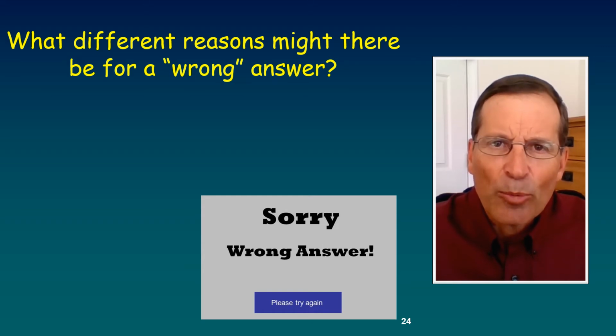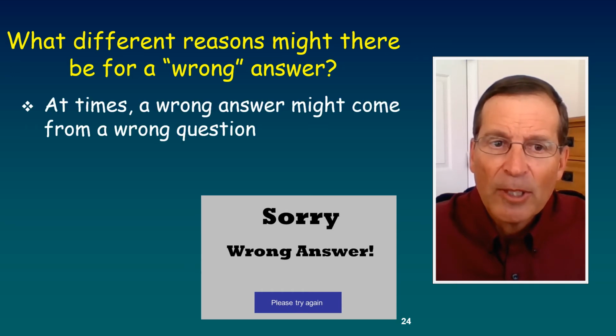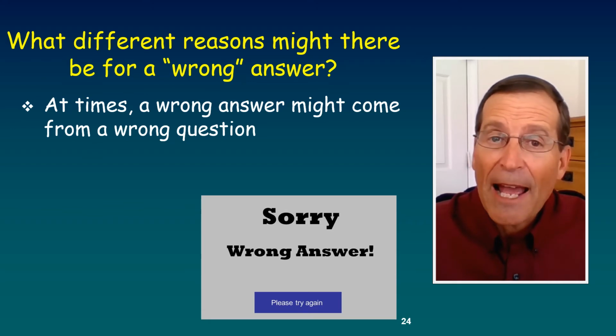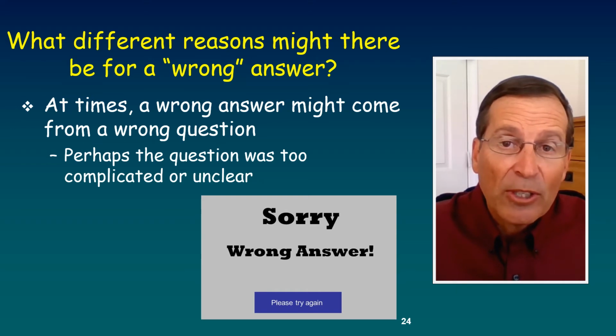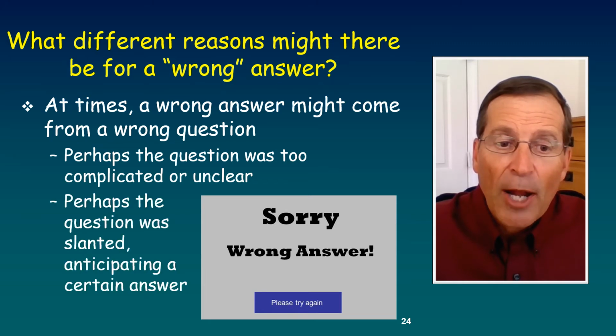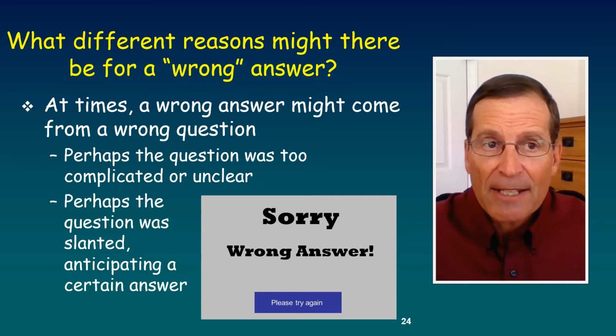So what different reasons might there be for a wrong answer? Well, at times a wrong answer might come from a wrong question. Maybe you need to ask the question differently. Or perhaps the question was unclear or too complicated. Perhaps the question was slanted, anticipating a certain answer.